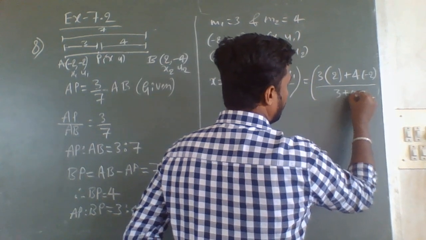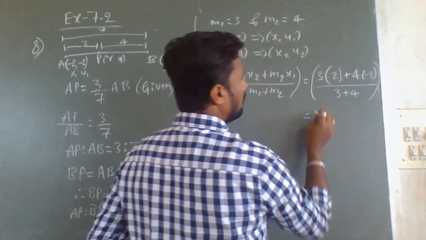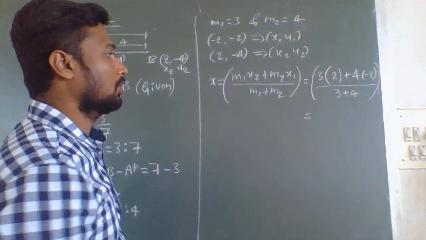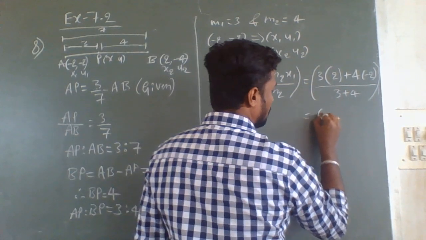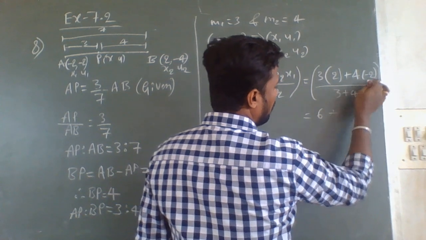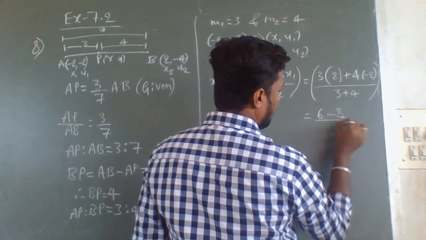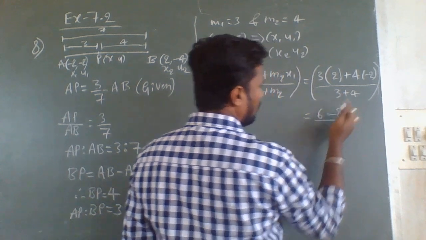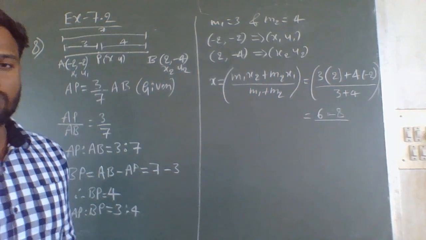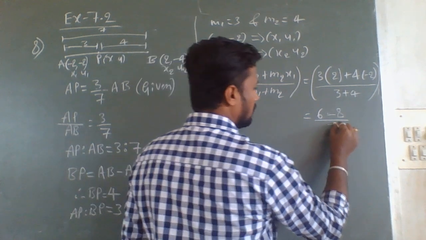So here 3 into 2, what we will get? 6, and 4 into minus 2 means minus 8, divided by 3 plus 4, which means 7.